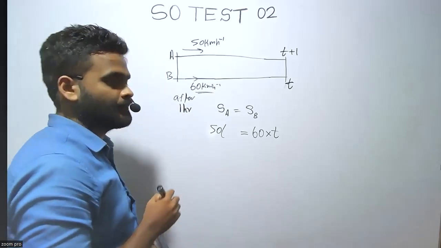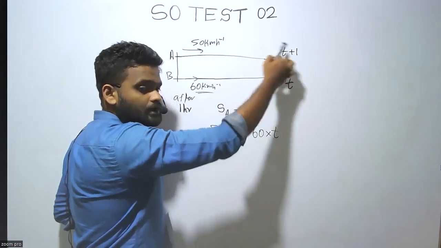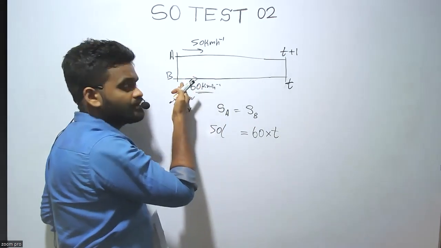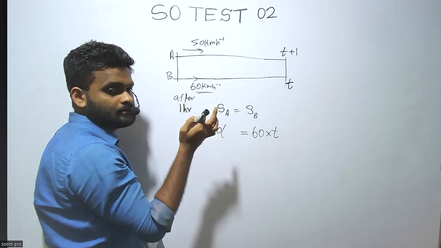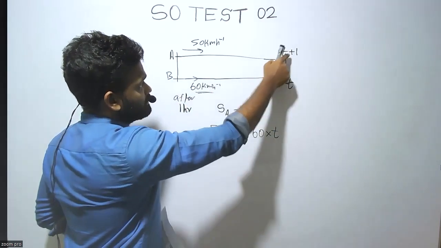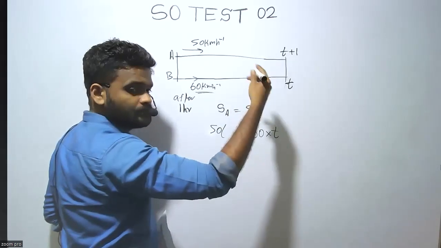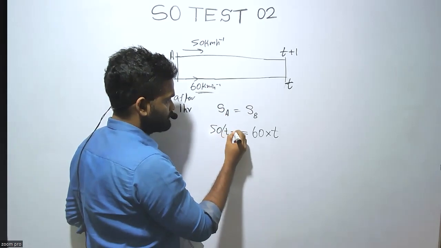Because this car has been moving for more than 1 hour compared to B. So it is t plus 1.